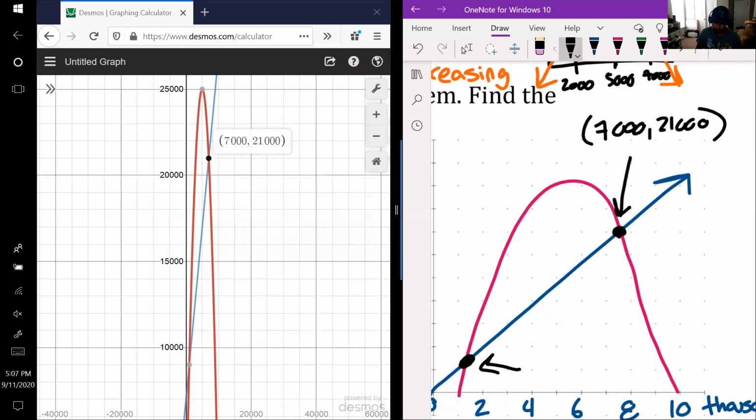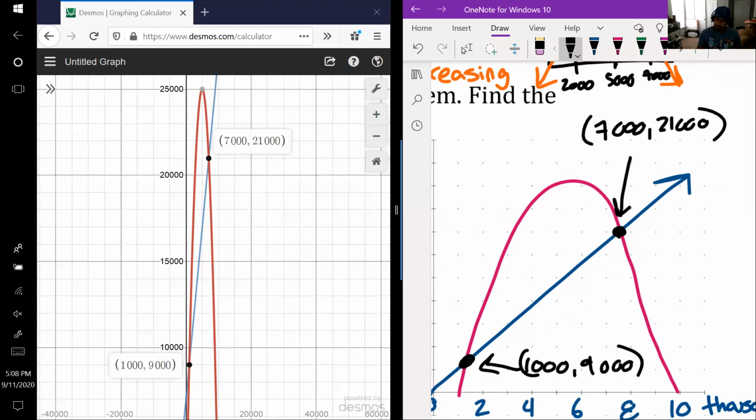And this point is, if I click down here, 1,000 and 9,000. And that's all you have to do to actually really graph it. So it's just a sketch. We didn't have to get in detail.